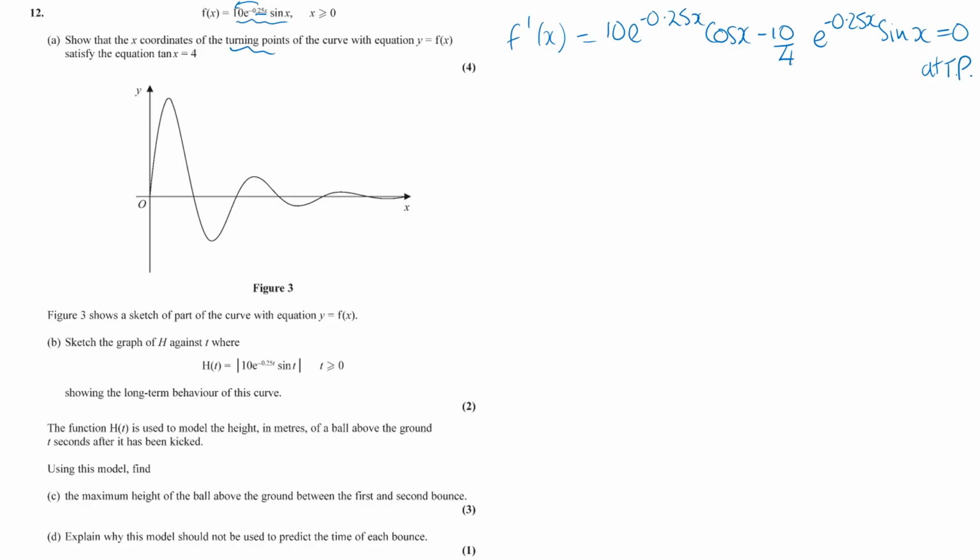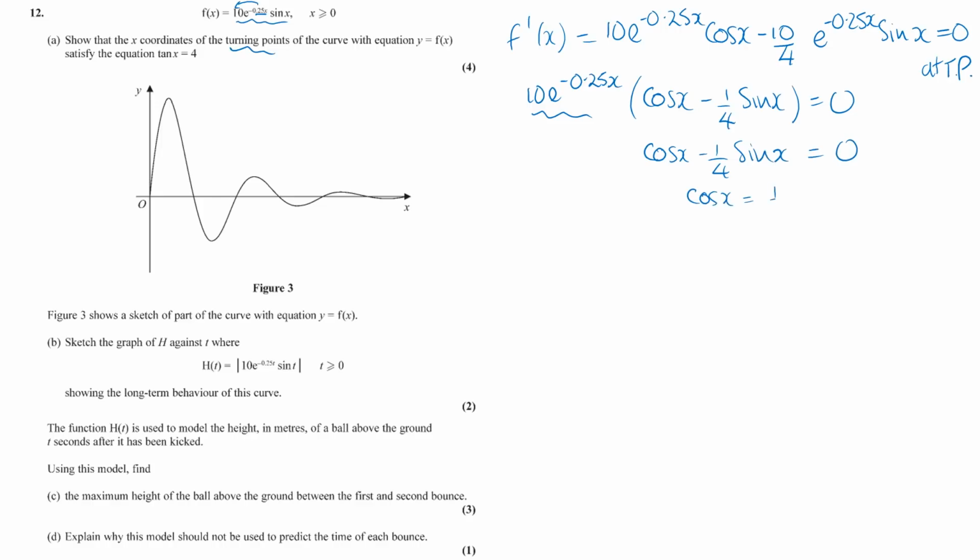And so what we can do is take the 10 e to the minus 0.25x out as a common factor. You'll have cos x minus a quarter sine x is equal to 0 at the turning point. Now this e function at the front can't equal 0, so it'll have to come from the cos x minus a quarter sine x that must equal 0, and then take that to the other side.